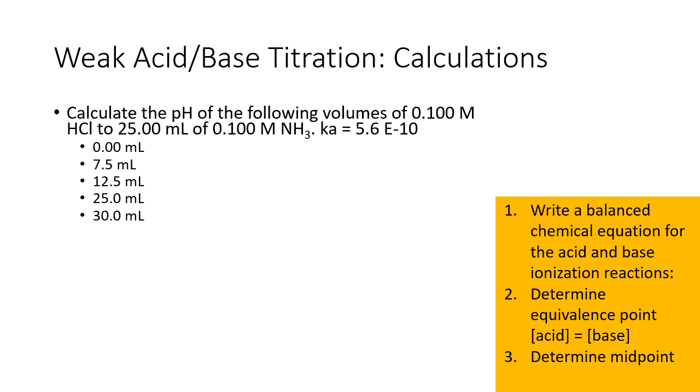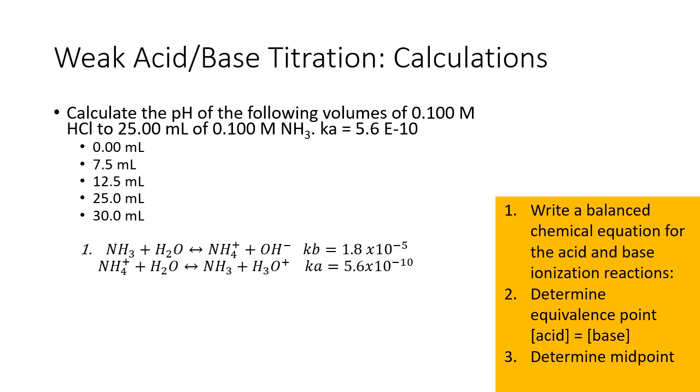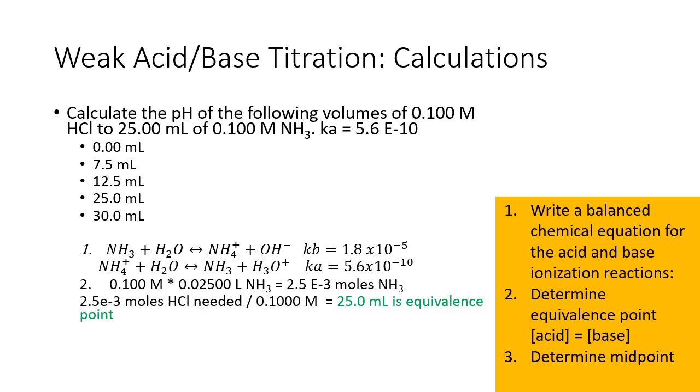All right, so let's try to figure those things out. We've got our base ionization, we've got our acid ionization, and I calculated Kb based on the Ka by using the Kw. I'm not going to show that because at this point that should be old hat. So I go ahead and I calculate the equivalence point.